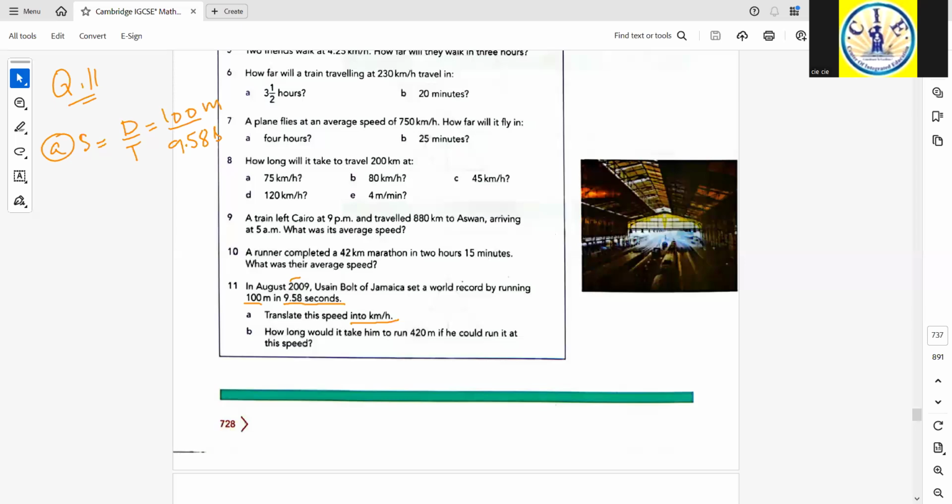So this is 100 divided by 9.58, which is 10.43 meters per second. Now we need to convert it into kilometers per hour.